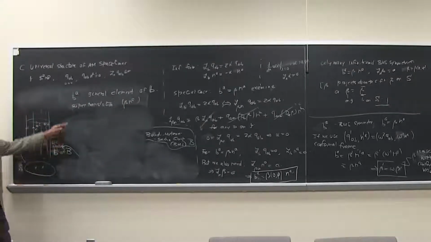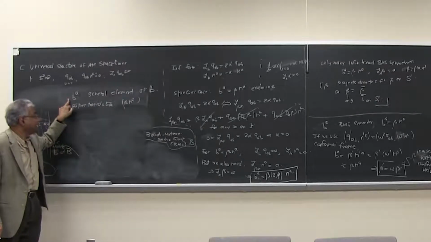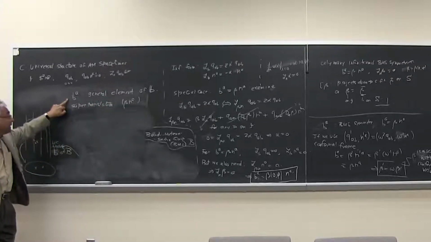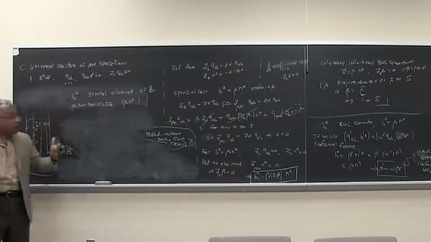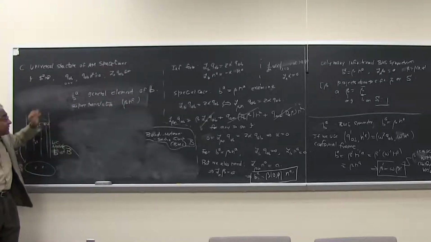What is the commutator between the super translation and the general element of the BMS Lie algebra? How do super translations interact with it?